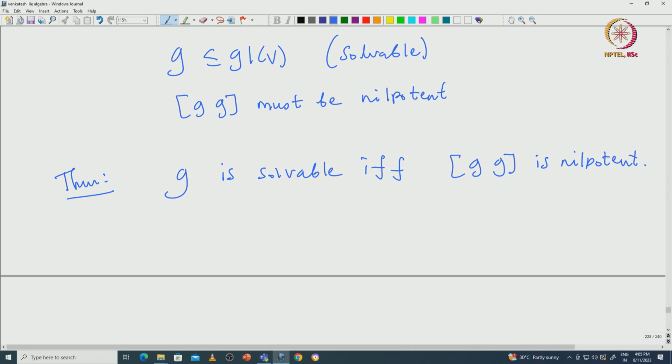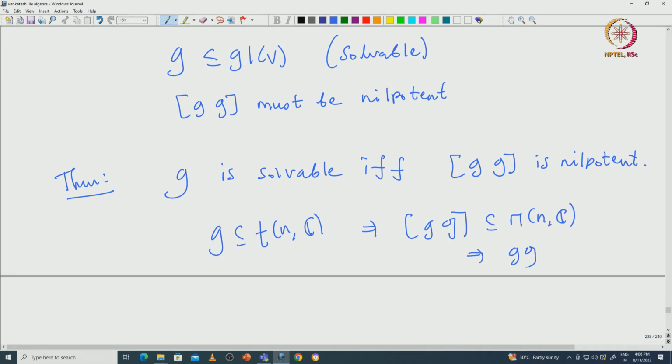For a linear Lie algebra, if g is solvable, there exists a basis such that g can be realized inside some T n C. That will imply that the bracket g g is inside the strictly upper triangular matrices, so this derived algebra is nilpotent.